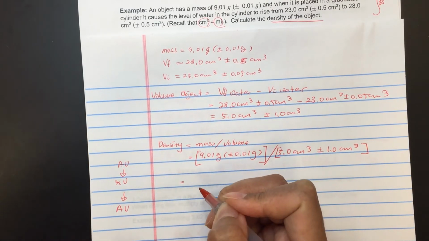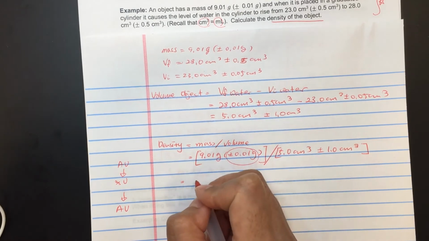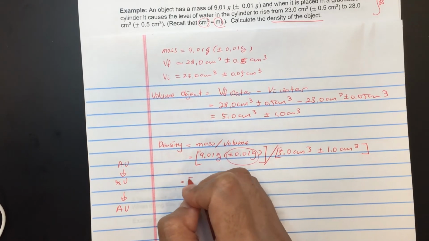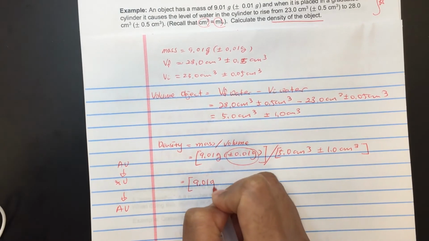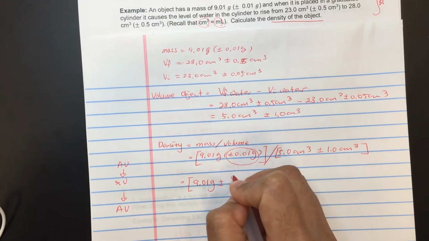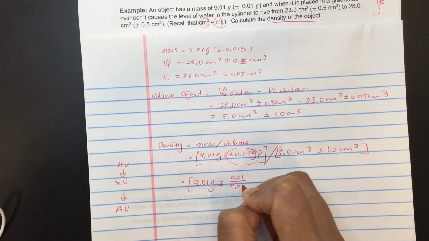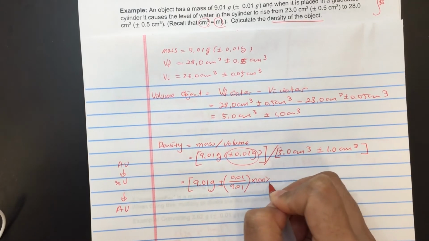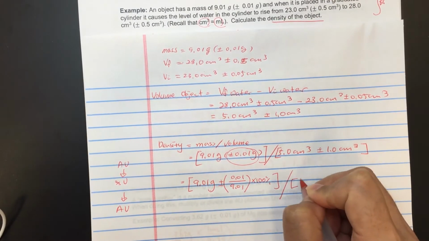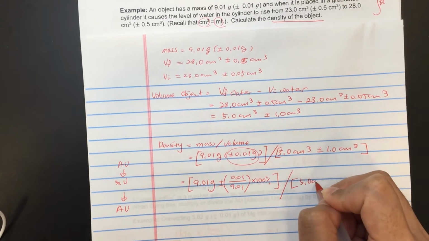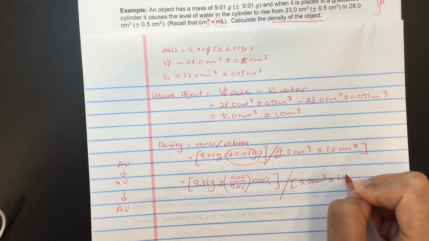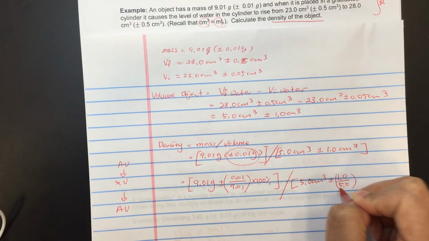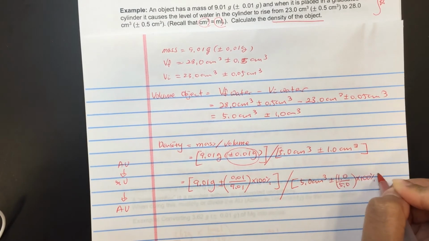So to convert these uncertainties to percentage uncertainty, you have to do 9.01 gram plus minus. Divide this number by your number, the number in the front, and multiply by 100%. Same thing with the 5.0, times 100%.